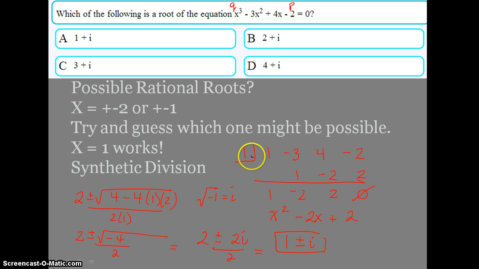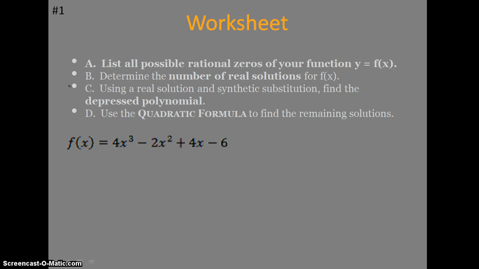So that means we have 1 real root and 2 imaginary roots. And looking up here, the imaginary solution that we got was the 1 plus i. All right. Now you should pull out your worksheet, and I will start another video where we will work through some of these problems.